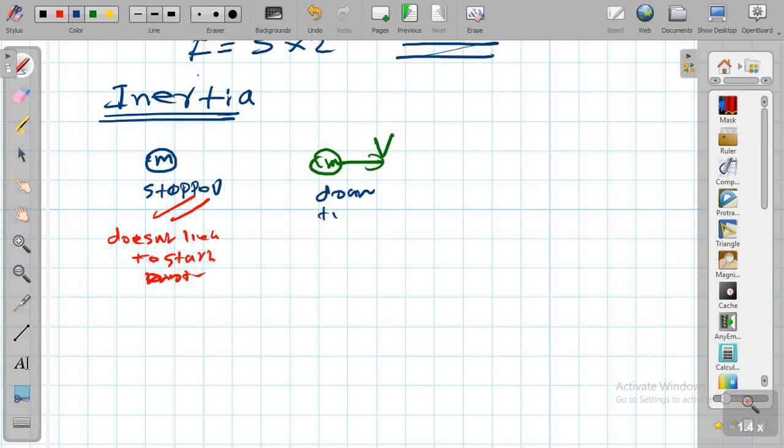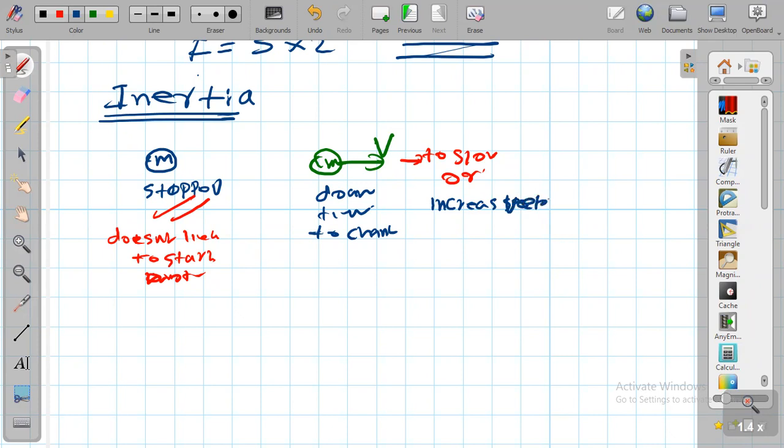Doesn't like to change. That means too slow, or what? Increase the speed.